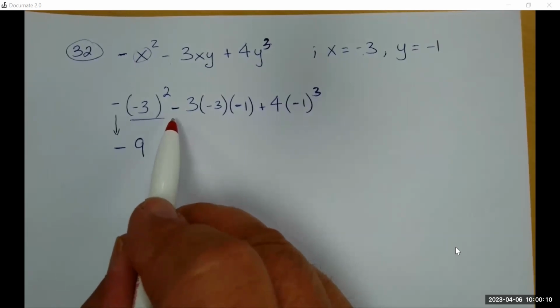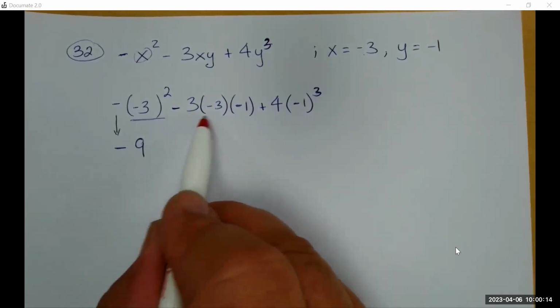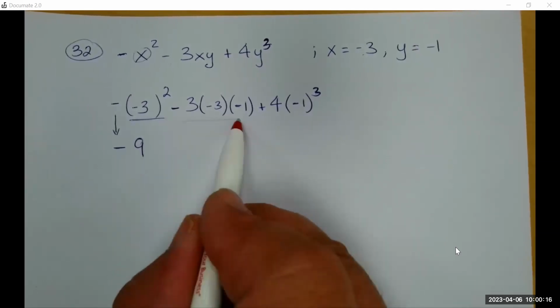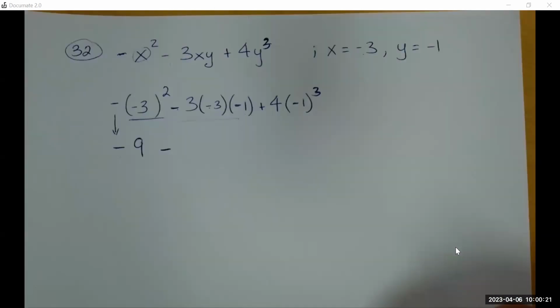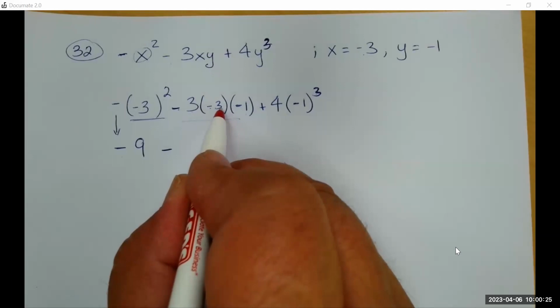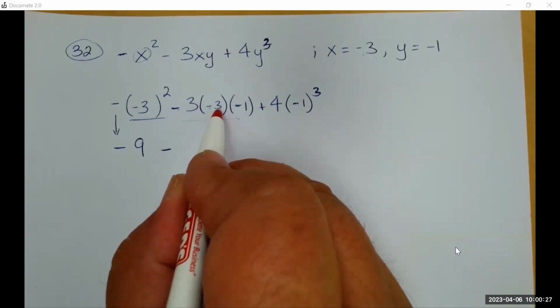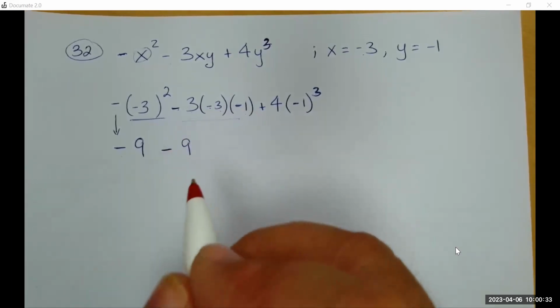Right, but it's negative, negative, negative. Since there's an odd number of negatives, it's negative. 3 times 3 is 9. 9 times 1 is 9.